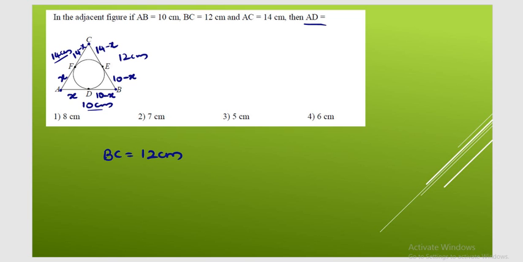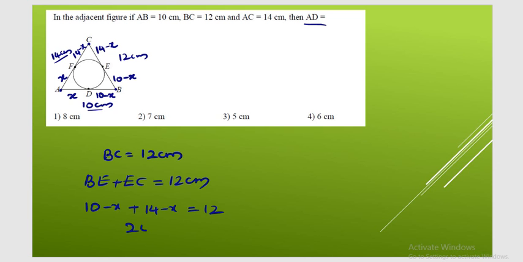BC is nothing but BE plus EC, so BE plus EC is equal to 12 centimeters. BE is 10 minus x, plus EC is 14 minus x, which is equal to 12.